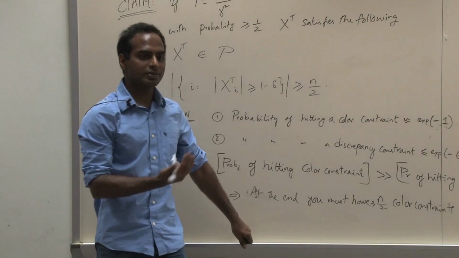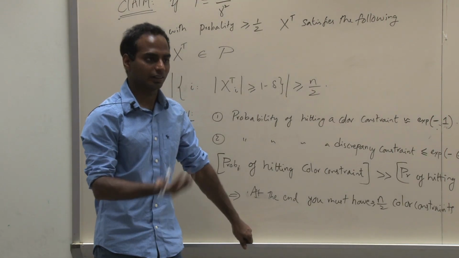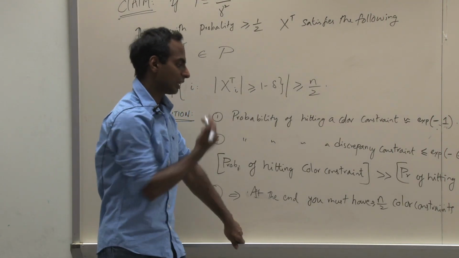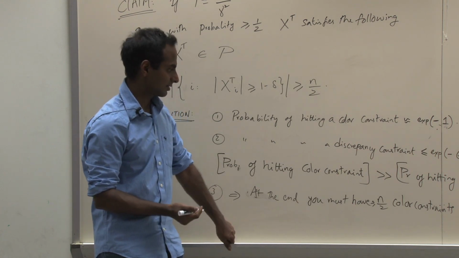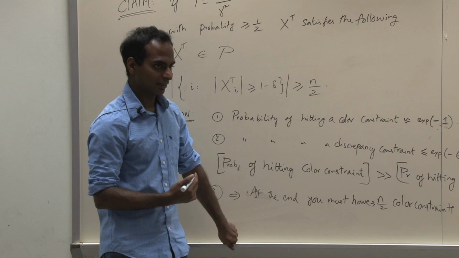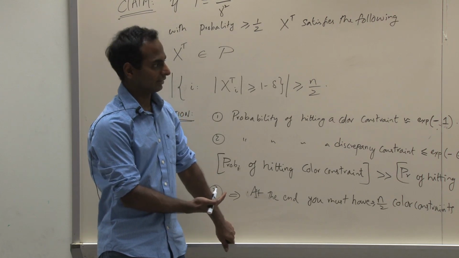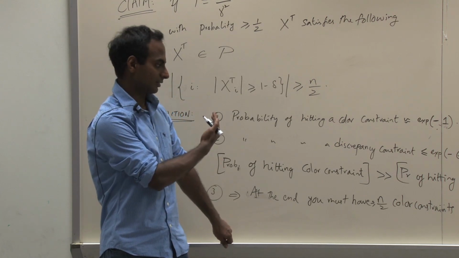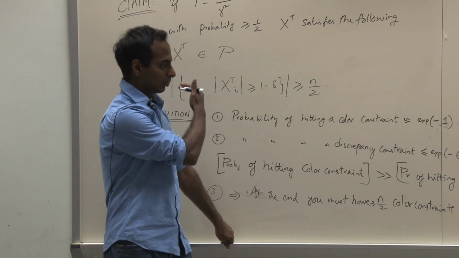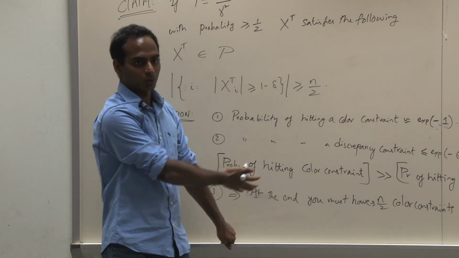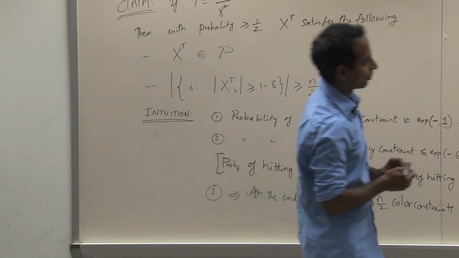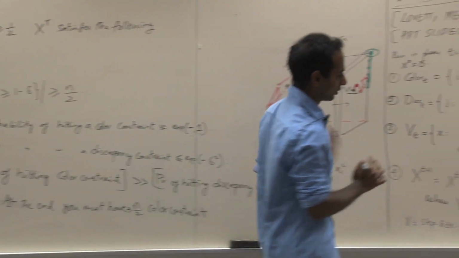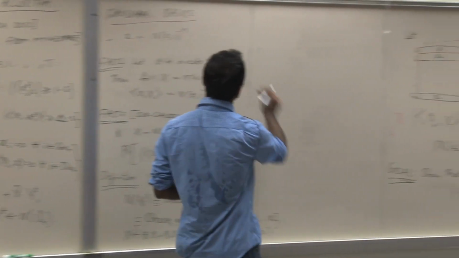So you're imposing n constraints on yourself, the majority are color constraints, so you're likely to have at least n over 2 color constraints. Okay, so this is the basic proof outline, and the actual proof is very much just writing down the probability inequalities to make this work. Okay. So let me just say a few more words about the proof, not for everything.